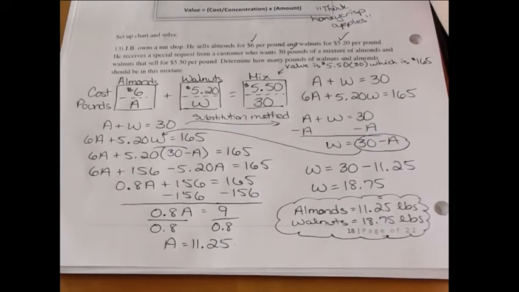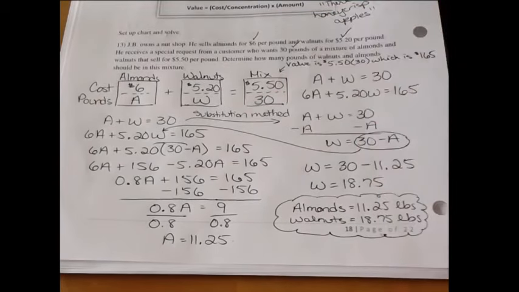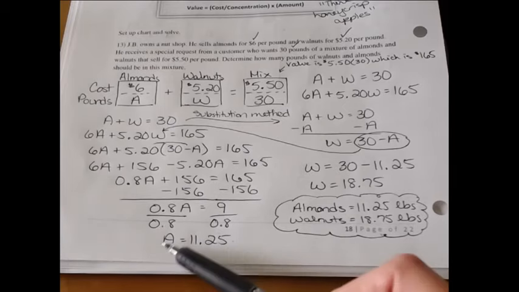I really love mixture problems because it's always the same thing. Box plus box equals box, and you always have the same two equations, your weight and your value. Awesome. I love it. Hyder, you said use elimination, and you got that A was 11.25, which is beautiful.